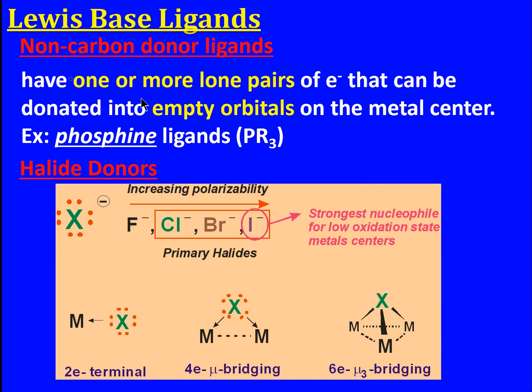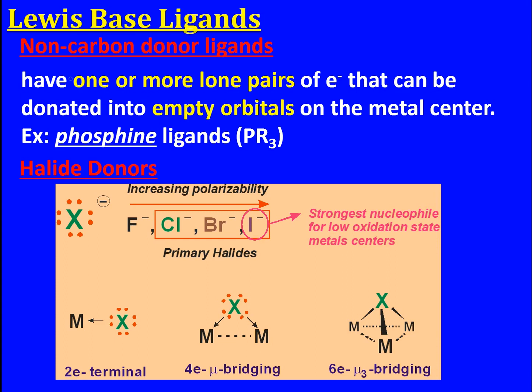The donation of one or more lone pairs, and, the most important, that we have an empty orbital on the metal center. The term empty orbital does not mean we have a vacant location. In organometallic chemistry, a metal center has an empty orbital if its electron count is not saturated, is not equal to 18. For example, a metal center with 16 electrons has an empty orbital.